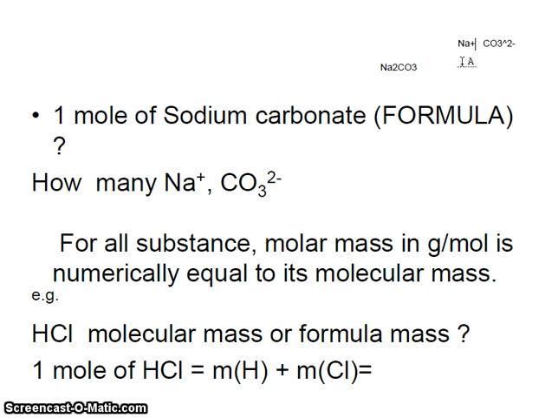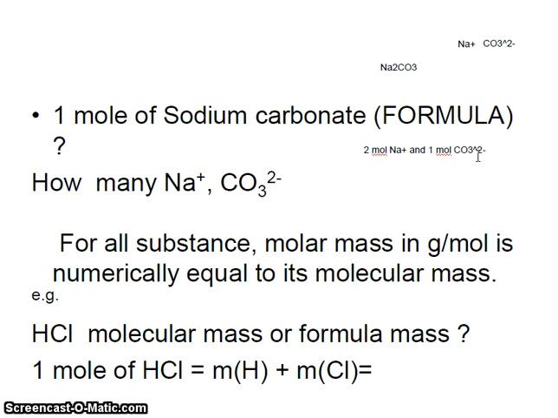So if somebody asks you, for a given mole of Na2CO3, how many sodiums and how many carbonates are present, you would say that since each Na2CO3 is going to give you 2 moles of sodium and 1 mole of CO3 2 negative, that means that if you have a mole of it, it is going to give you 2 moles of sodium and a mole of carbonate.